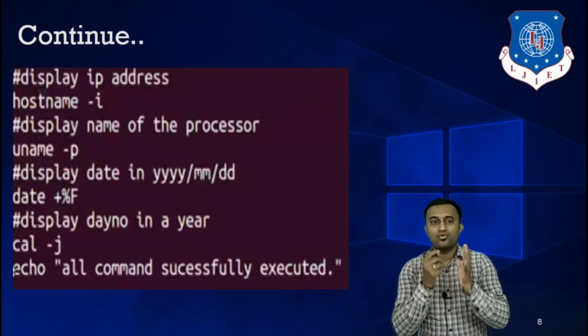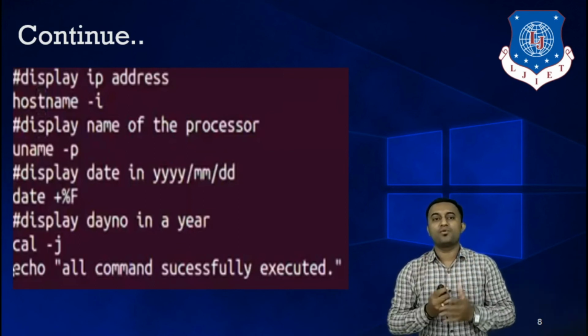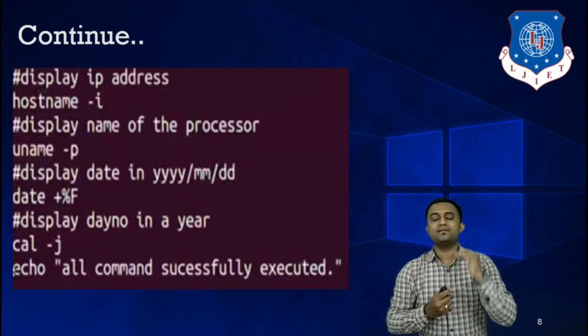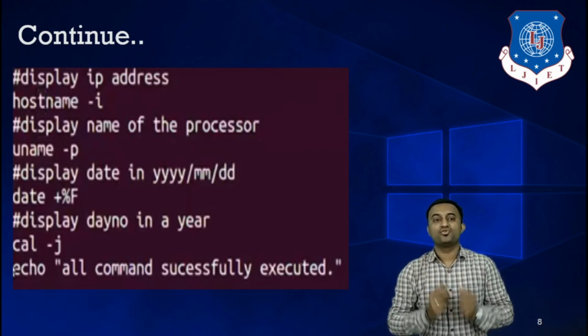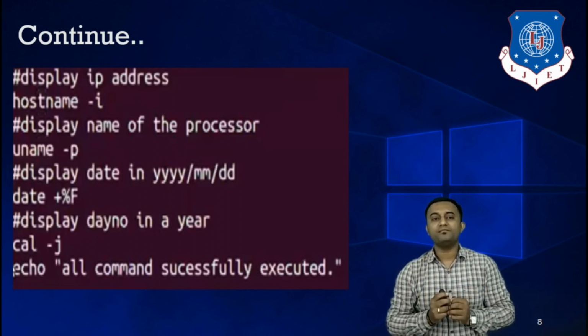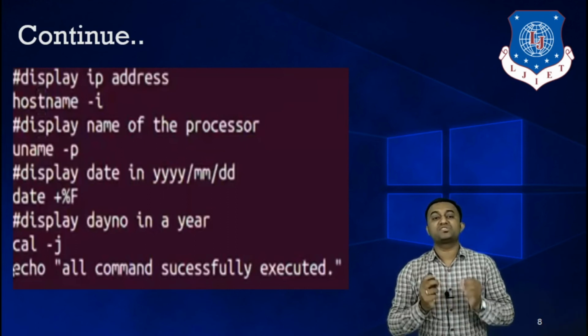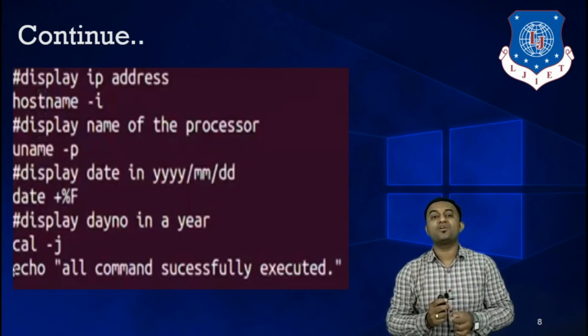So hostname -i fetches the IP address of the machine. Second comment: display the name of the processor. So uname -p will show the name of the processor. Then the third one is display the date in which format?